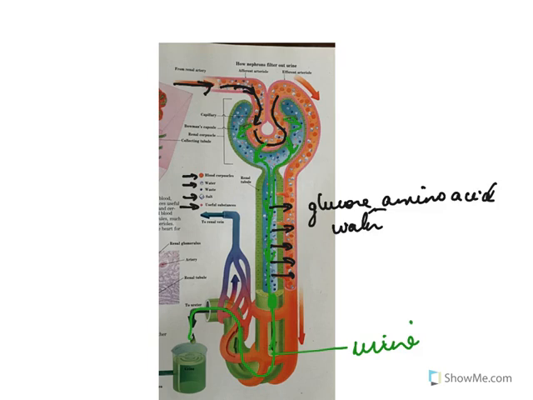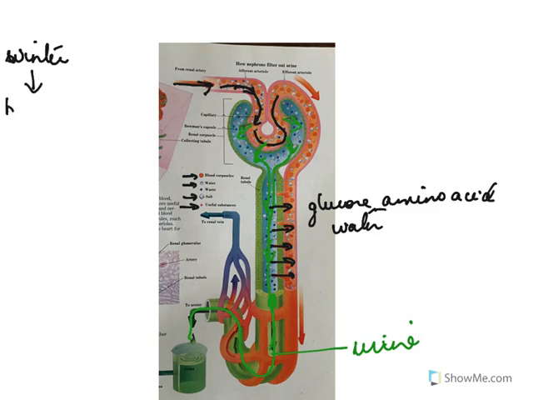Let's talk something about the absorption of water. Now the amount of water absorbed depends on the amount of water present in the body. If a large amount of water is present in the body, then the amount of water absorbed is less, so less urine is produced. That is why in winters we do not sweat.